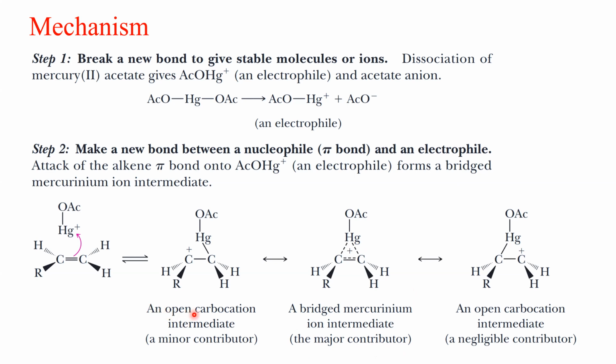Now, this form is an open carbocation intermediate in which this carbon is the secondary one. Let me use a pen here to show what we are going to say. So this is the secondary carbocation. And if we compare this one, this is the primary carbocation.